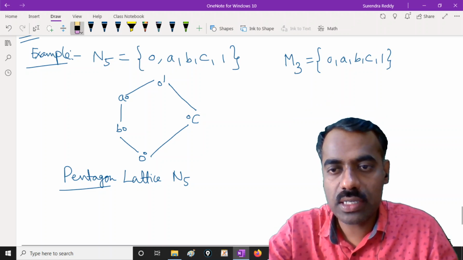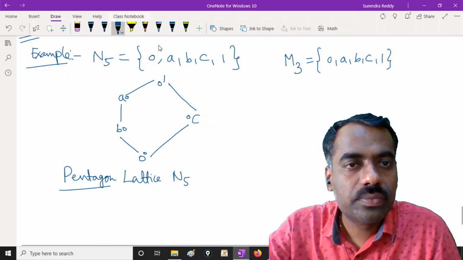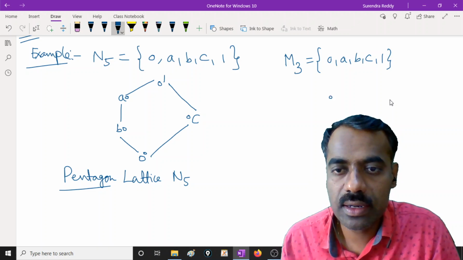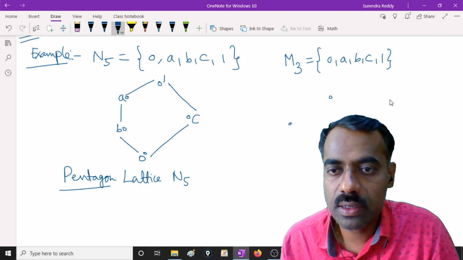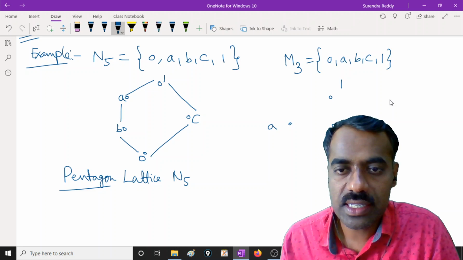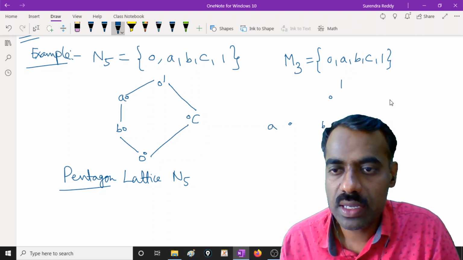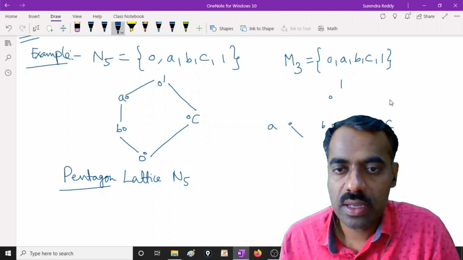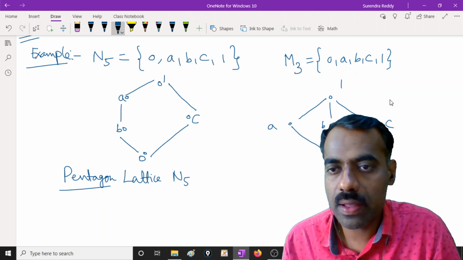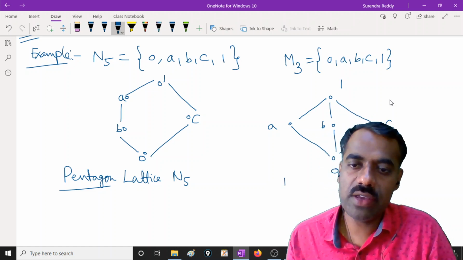I'll try to put it in a symmetric way. Now I can write 0 and 1, and I will write this as a, this as b, c. Okay, I will connect this. You can call it a diamond.